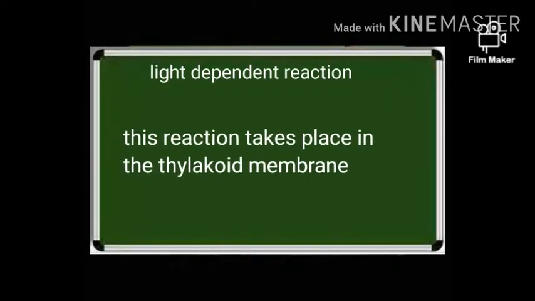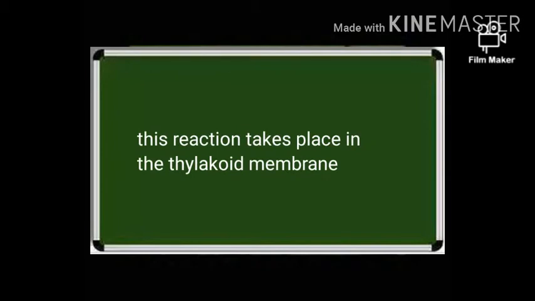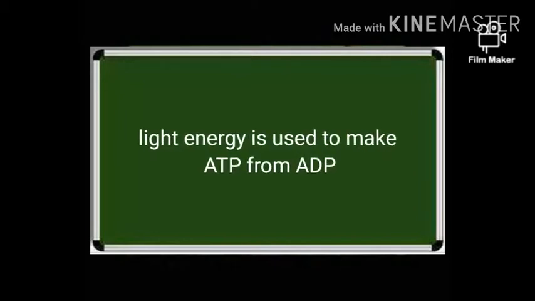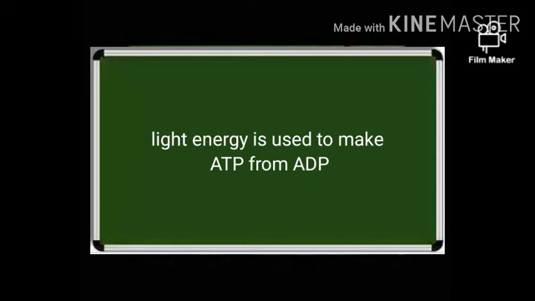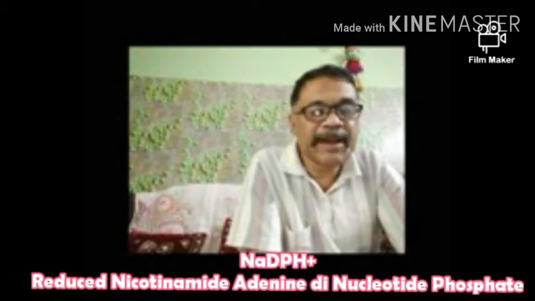These light dependent reactions take place in the thylakoid membrane of the chloroplast, and in this phase light energy is used to make ATP-Adenosine Tri Phosphate and NADPH, reduced nicotinamide adenine dinucleotide phosphate.